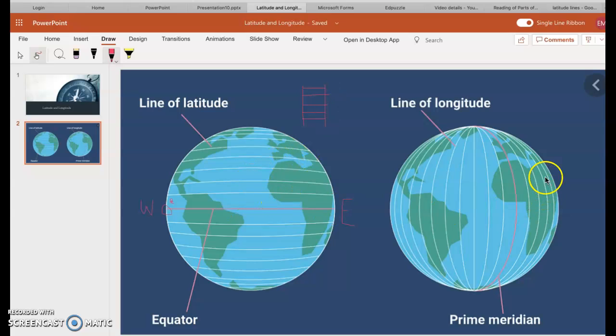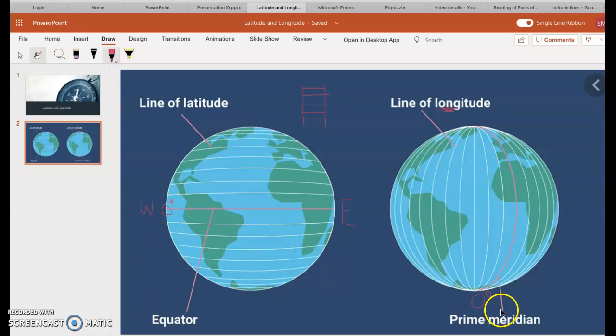Now, over here, we have longitude. How we're going to remember longitude is it has the word long in it. And these lines are long, okay? Prime meridian, it is located at 0 degrees. So the prime meridian is at 0 degrees and the equator is at 0 degrees.